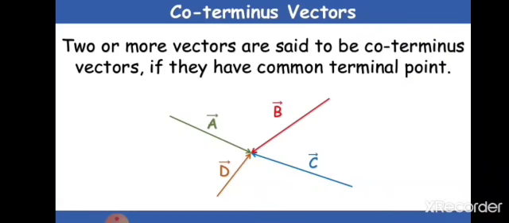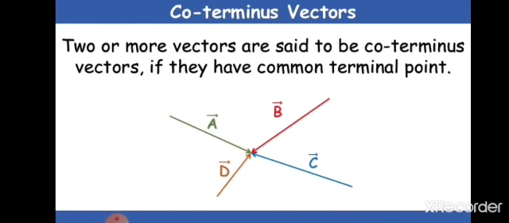So we can observe that the arrow indicates the terminal, also called the terminus or end point, isn't it? So it is the head. The arrow indicates the head, terminal, or terminus. Two or more vectors are said to be coterminous vectors if they have a common terminal point.